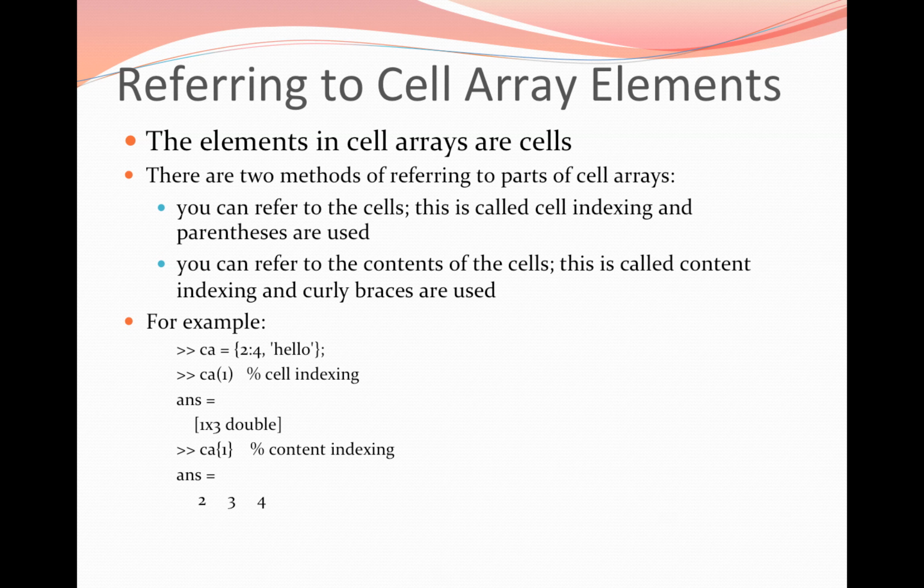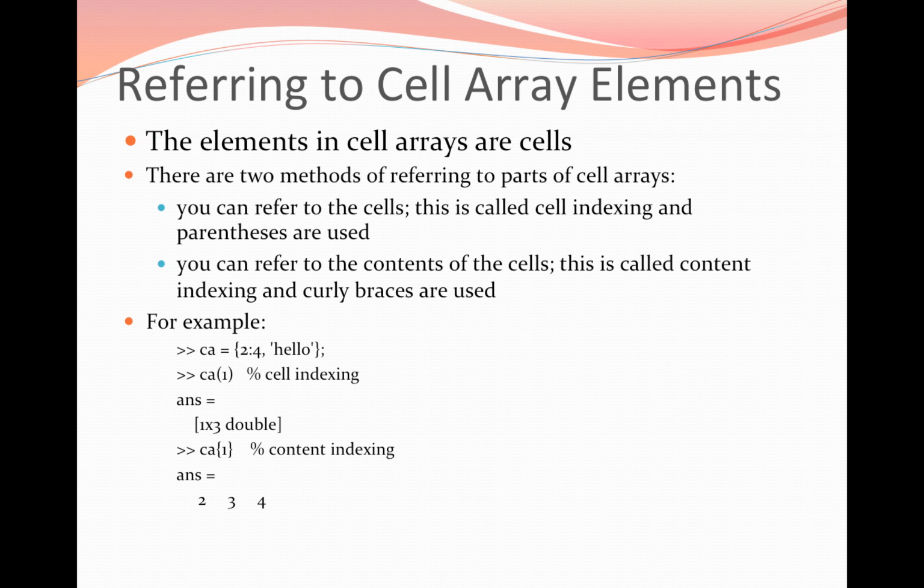For example, I create a cell array. The variable is called CA. It stores in it two things. First of all, the vector 2, 3, 4, and secondly, a string. So again, different types of values in the two elements in my cell array. If I refer to the first element in the cell array using cell indexing by saying CA parentheses 1, it just shows me that it's a 1 by 3 double, but doesn't show me the actual contents.